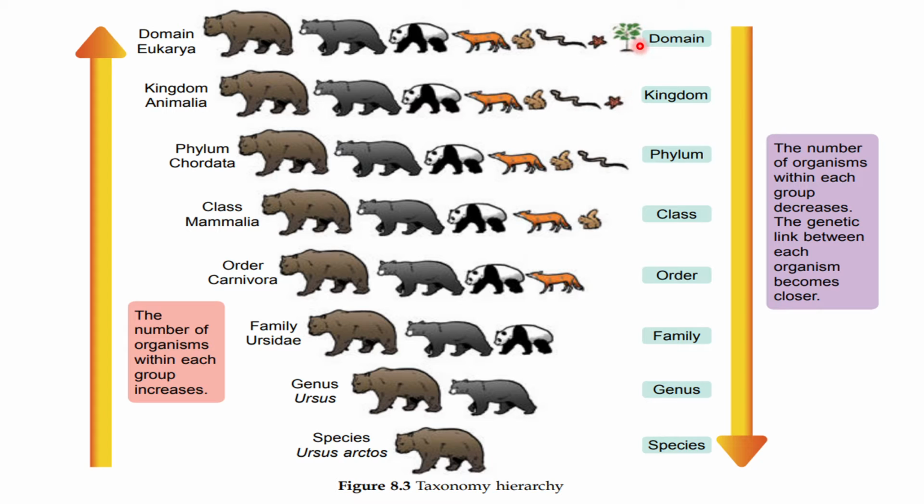So you can see the number of organisms decreases, and the genetic link between the organisms becomes closer as it goes down the rank. So contohnya kepada genus Ursus ini, these two animals are now genetically closer to one another. Up here, over this side is another arrow going up the rank, and the number of organisms within each group increases.